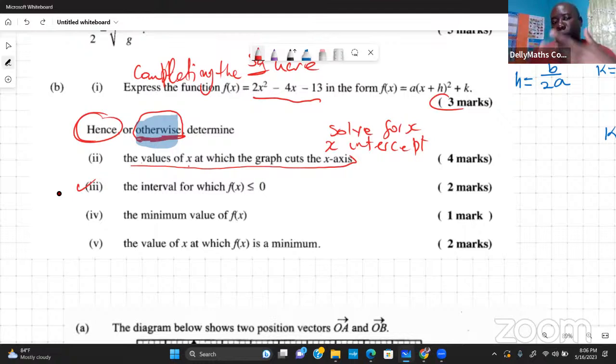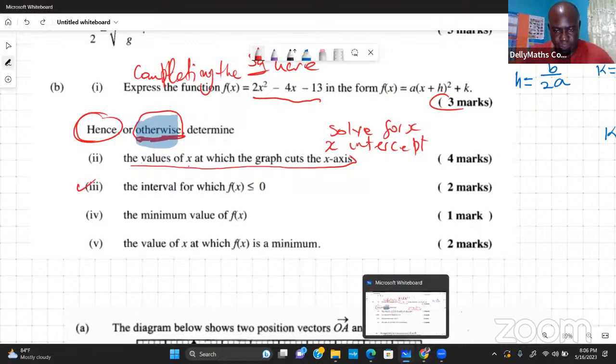When you complete the square, you're able to sketch. You're able to see everything. So I'm going to sketch it so that you could see and then you could pick some stuff from it, because you won't be able to pick the intervals without having the graph. And when you complete the square, enough information is there for you to do a sketch. For example, look at this.